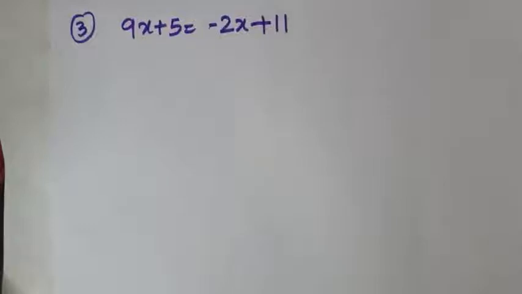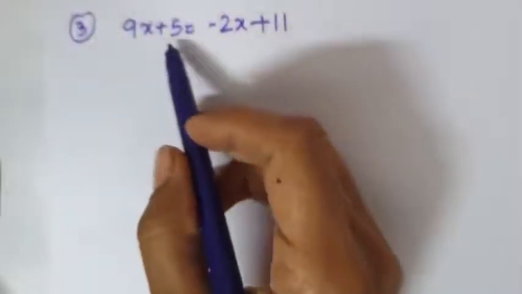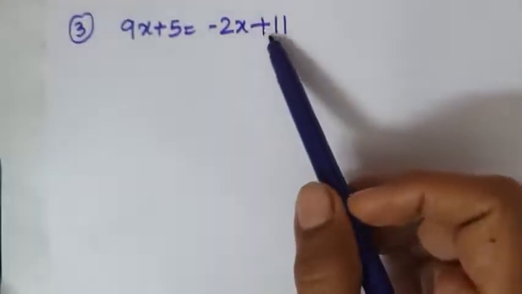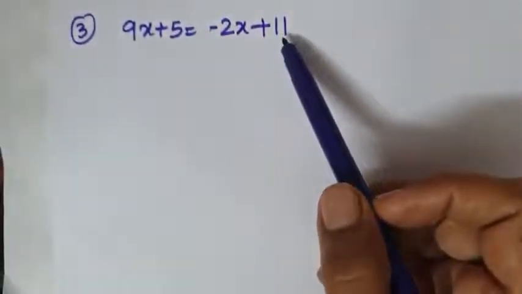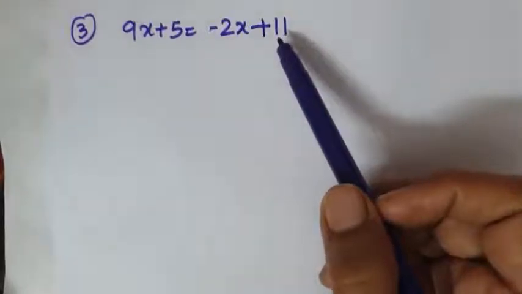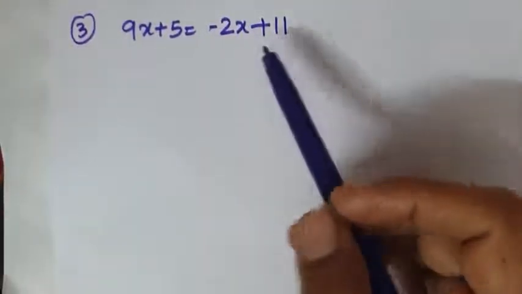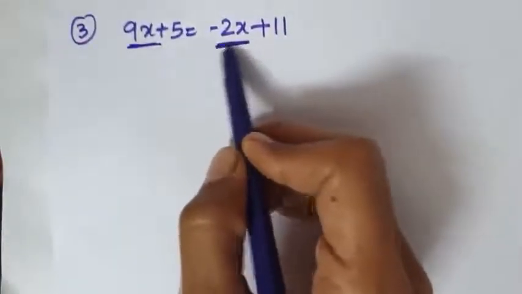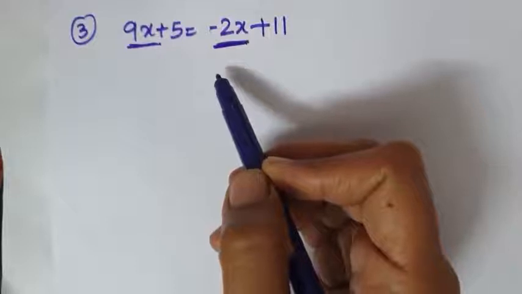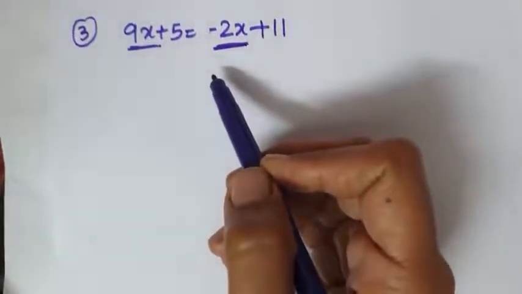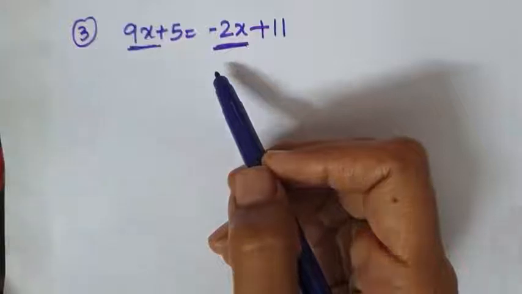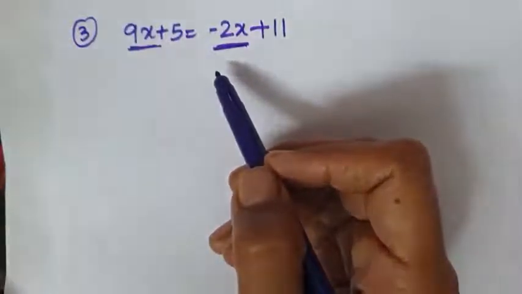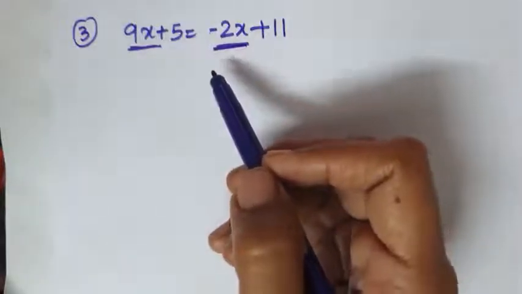The next question is 9x plus 5 is equals to minus 2x plus 11. Now children, what you will do? First of all, if you see carefully, there are two terms having variables. So first of all, keep all the terms having variable on one side and the terms not having variable on the other side.